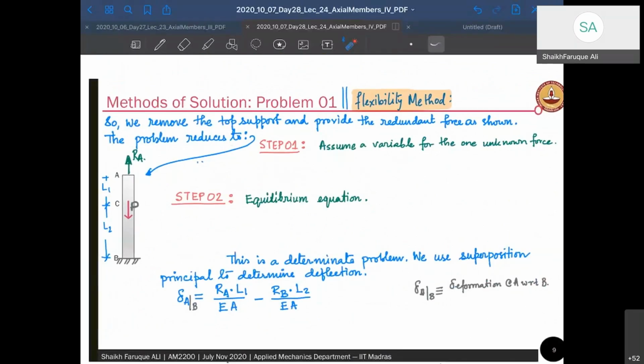Now, I have divided this work into various steps, for us to easily understand. What we have done is we have removed the upper part, and then we have replaced it with a force RA. So assume the variable unknown for the force, right?